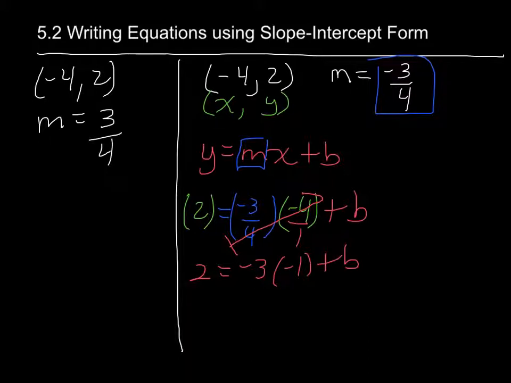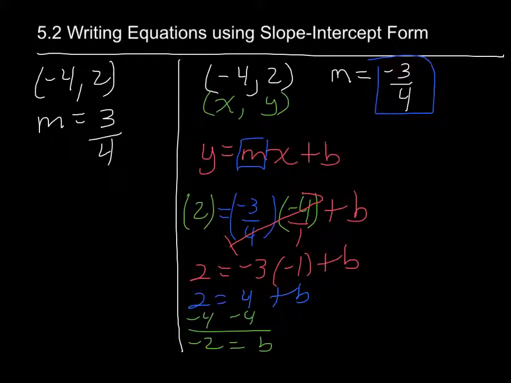So then I have 2 equals 4 plus b. So then I subtract 4 from both sides, and I get negative 2 equals b.